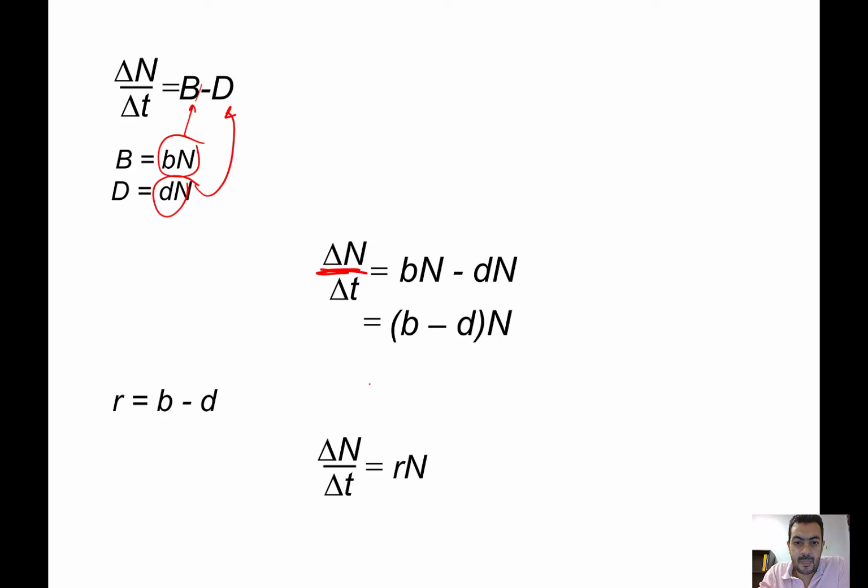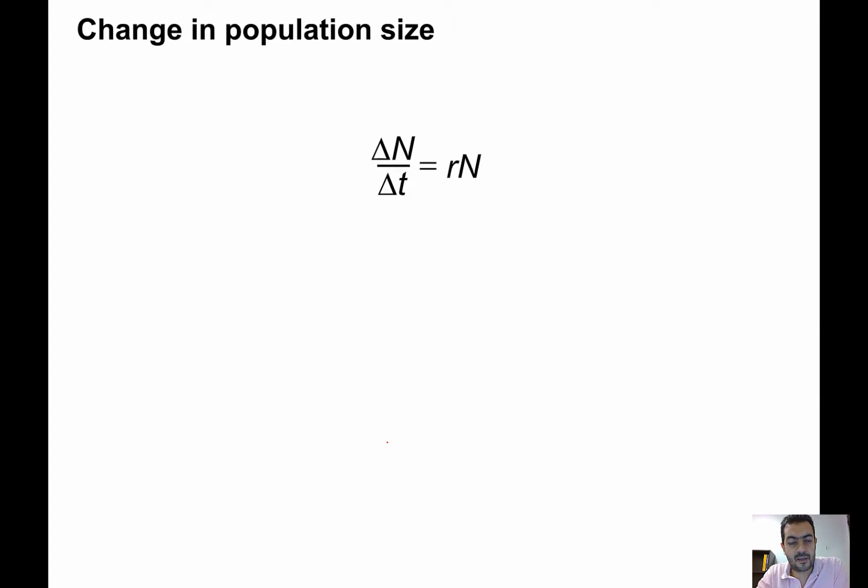So that means we can replace this with this little r. So we have delta N divided by delta t is equal to small r multiplied by N. So this is the final equation that we are going to show in the next slide.